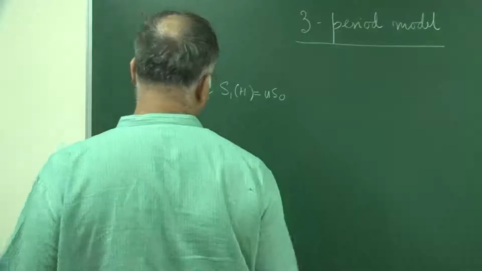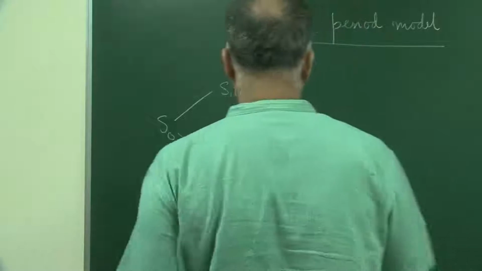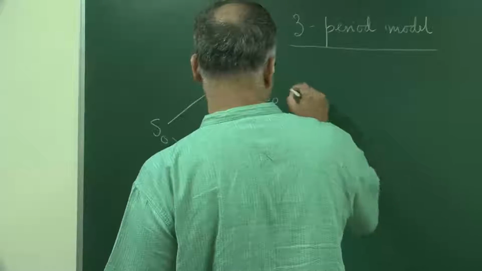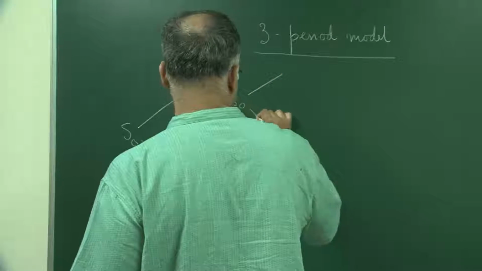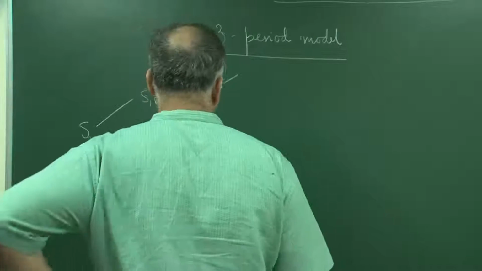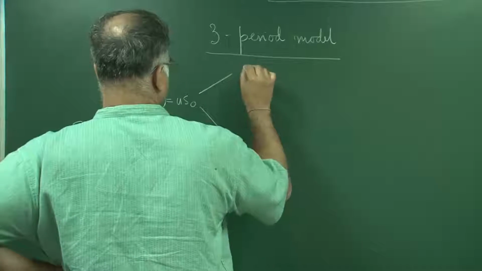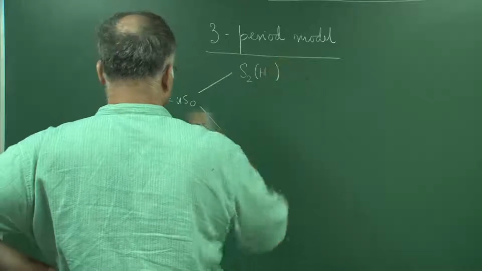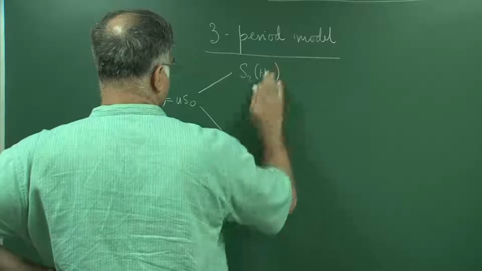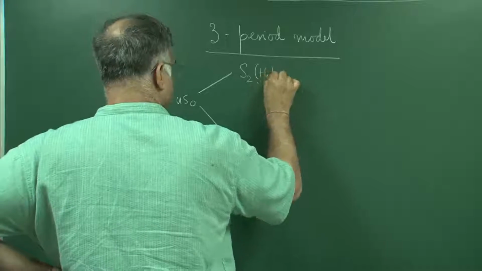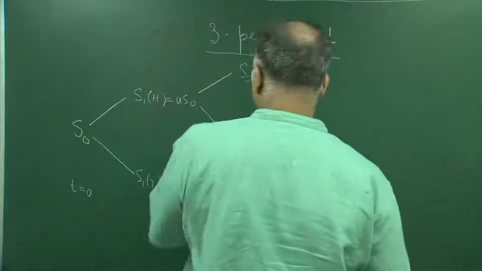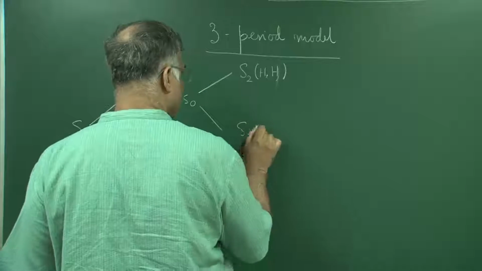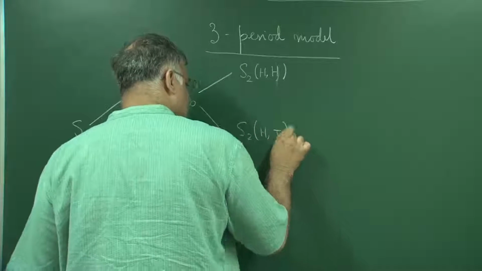From here, if I am on this branch, then I have two possibilities, right. So, which is here S2 HH, means head, and then in the second toss also is head, and S2 HT, head and the second toss is tail.